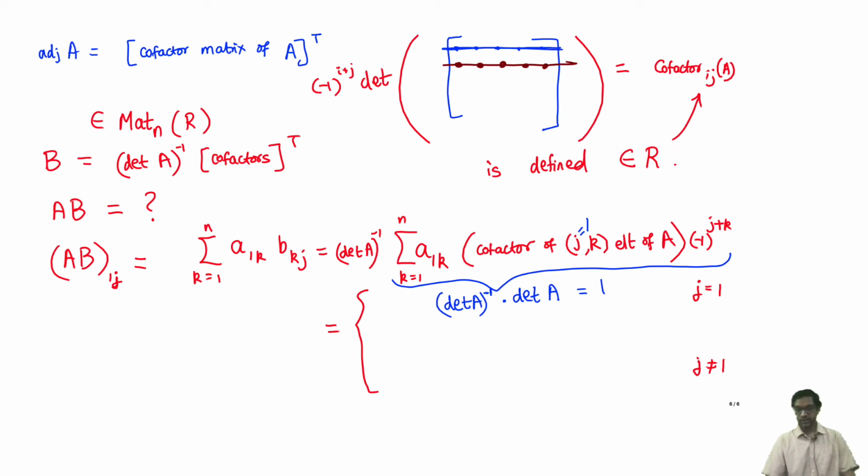Now what does it mean to take the cofactor of the brown dots? Every time I compute the cofactor of a brown dot, I will have to delete that second row and the corresponding column. That's how the cofactors of the elements in the second row are computed. So the point is that this answer, if j is 2 here, will not depend on what the actual values of the brown dots are.